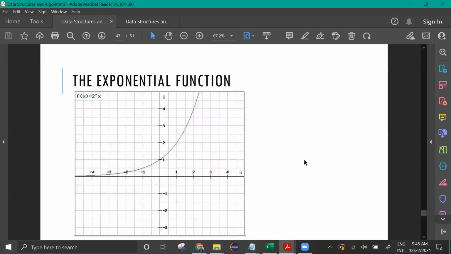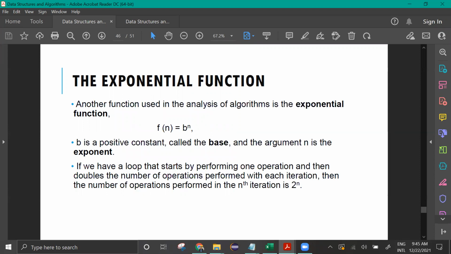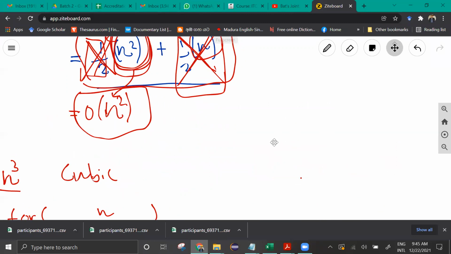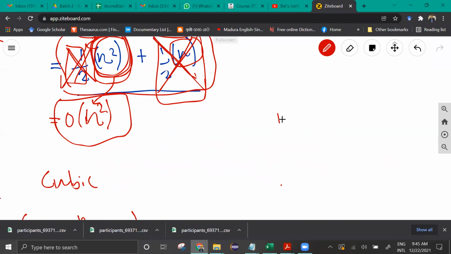Then the exponential function. In n squared, n is here, right?